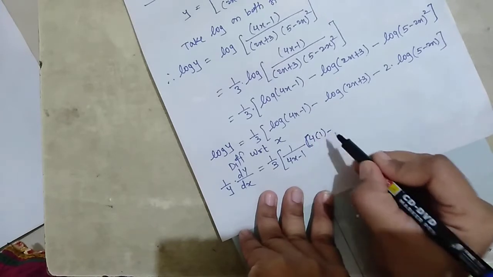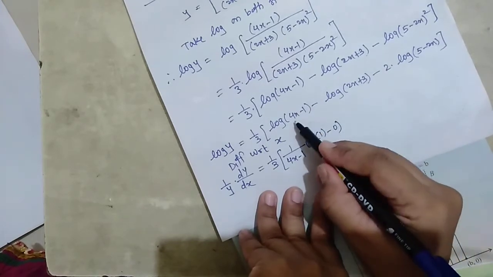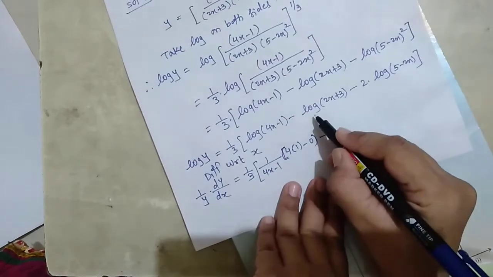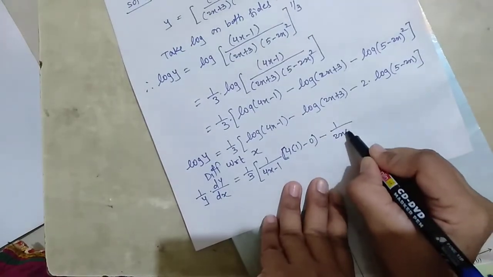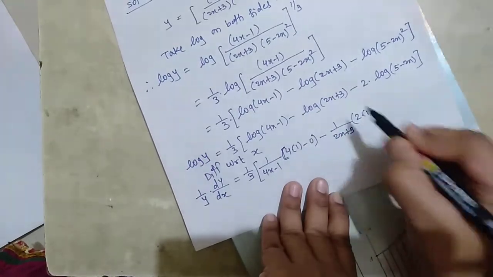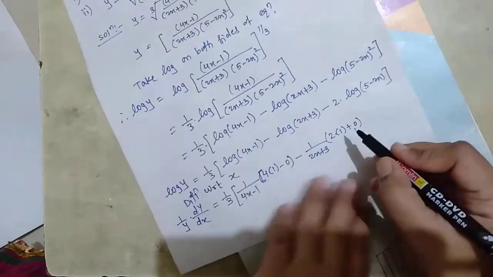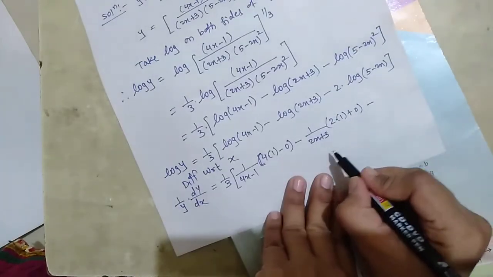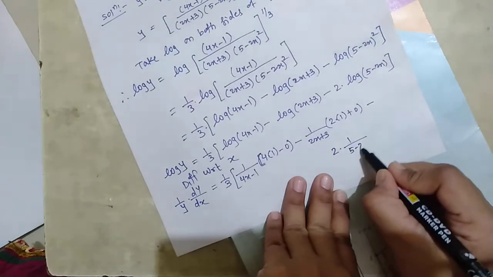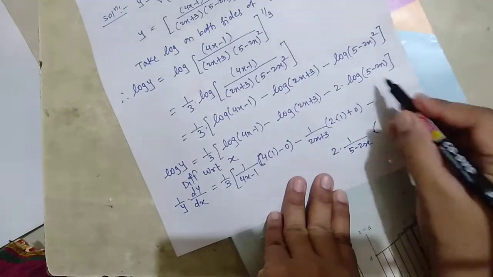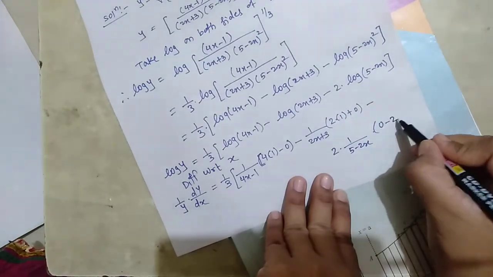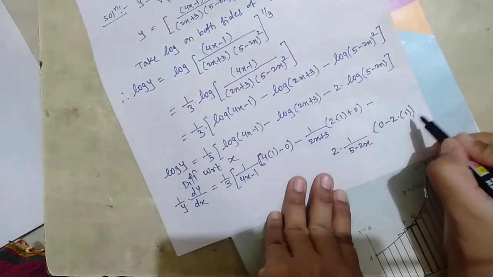So it is 4 into 1 minus 0, minus derivative of log 1 upon 2x plus 3. 2 into derivative of x is 1, plus derivative of constant is 0, minus 2 into derivative of log is 1 upon 5 minus 2x into derivative of 5 minus 2x. So 5 is a constant, its derivative is 0, minus 2 scalar taken outside, derivative of x is 1.